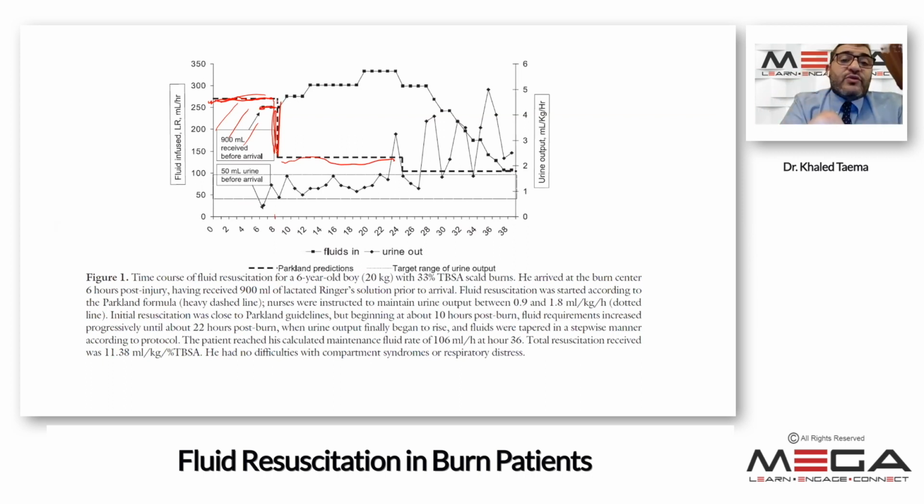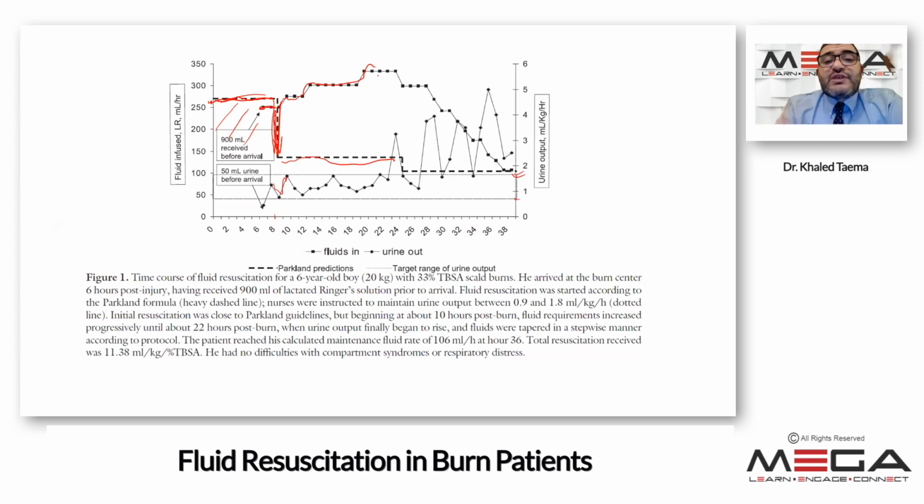However, at the end of the 8 hours, despite the urine output was satisfactory in the targets between 0.9 to 1.8 milliliter per kg per hour, it was supposed that the volume of resuscitation is to be decreased. Alternatively, it was increased.